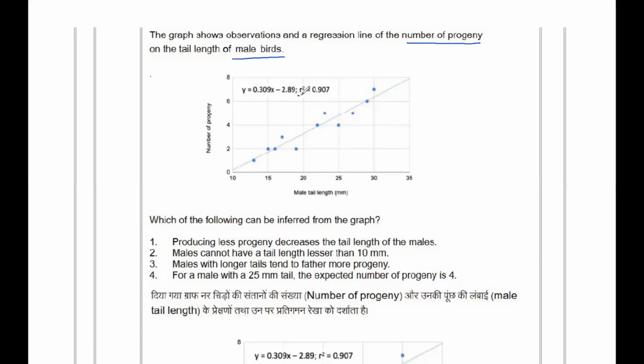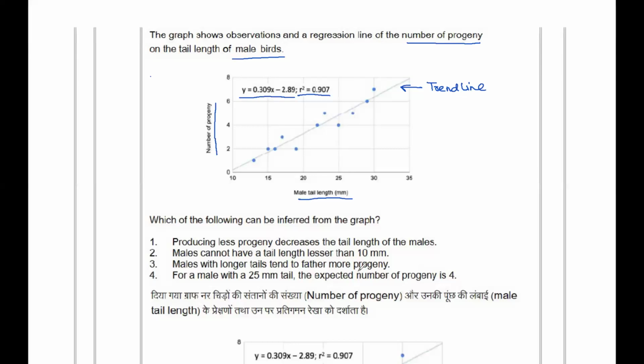So we've got the regression R square value, and we've got the equation of the trend line. This is the line of best fit or the trend line. These are the dots, this is the tail length in millimeters, and these are the number of progenies. So which of the following can be inferred from the graph?